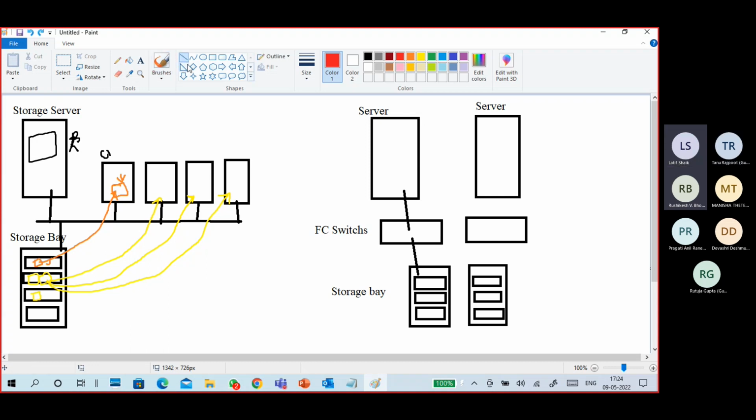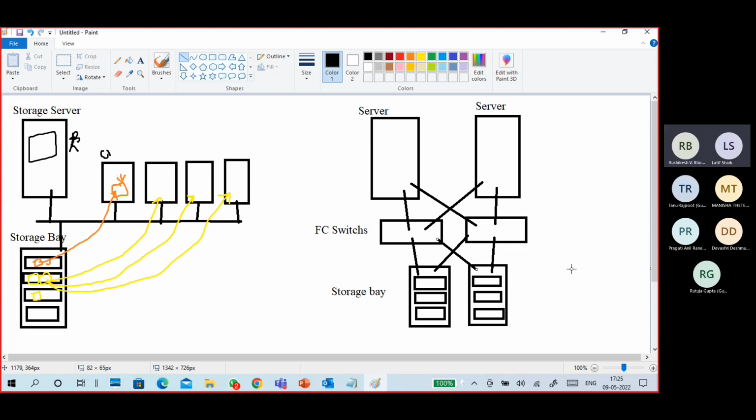So what I'm trying to do is we are connecting to our storage, and also we are connecting with multiple paths. Meaning is like this. Every device is connected to every other device. Which topology is it?